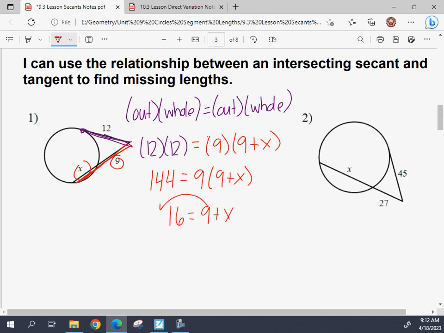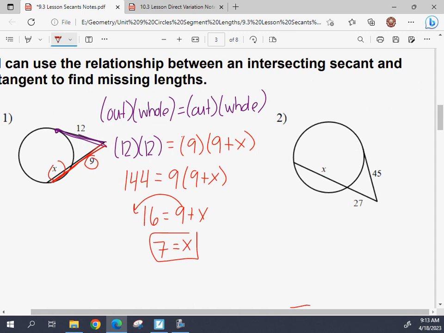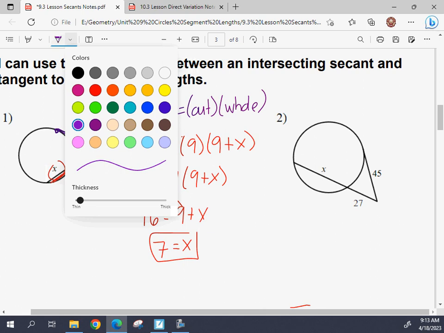I'm going to move that 9 over, and it's going to become negative. So really I have 16 minus 9 over there, and I get my missing piece to be 7. So again, if you're getting stuck in any of this and you need some extra clarification, as always, please do ask one of us for help.